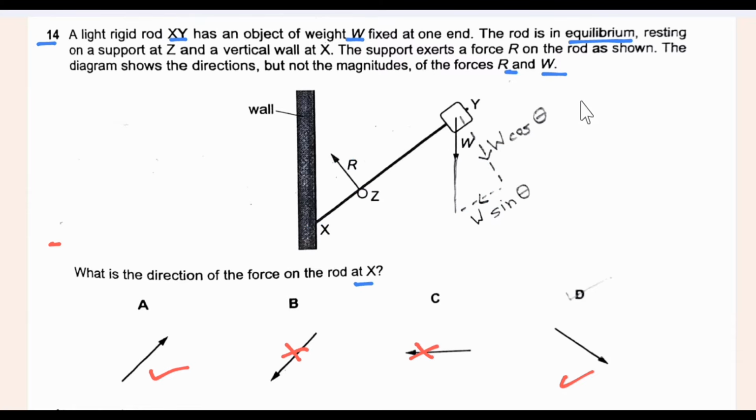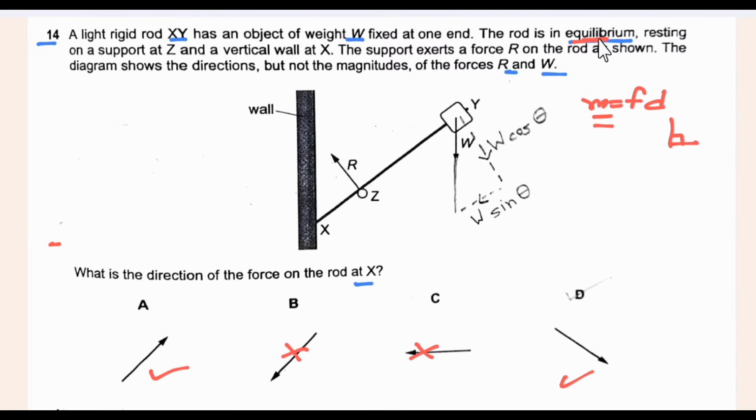Then as we know, moment of force is the product of force and the perpendicular distance from the pivot to the line of action of force. So if we consider this system, then what is the moment of force?